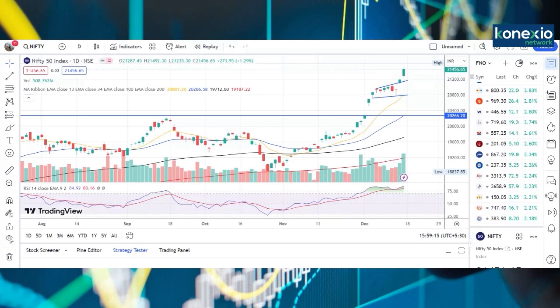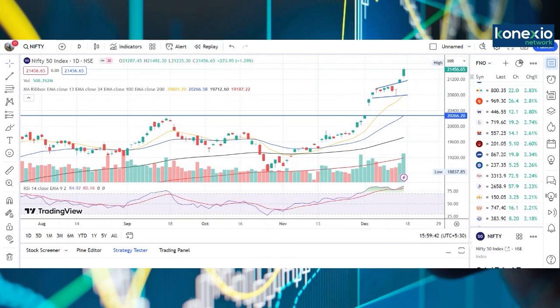Now, how do we identify that this could be a trend reversal, or a short term top? The simple way is to clearly watch Friday's low. Friday's low is around 21,135 spot levels.